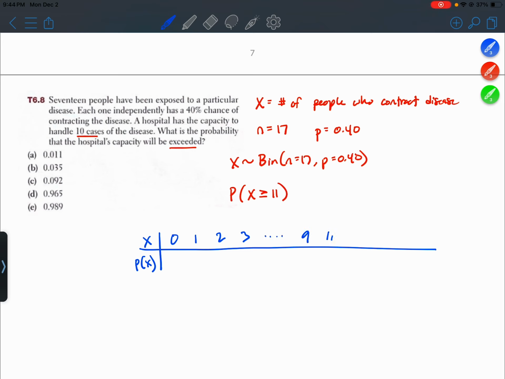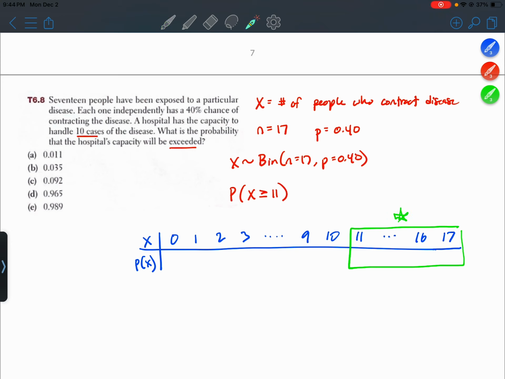Maybe 9, maybe 10, maybe 11, right? Maybe 16. But the worst case scenario is that every one of those people contracts the disease. Okay. All right, we are interested in the probability that 11 or more people get the disease. So we're interested in this part of the table.